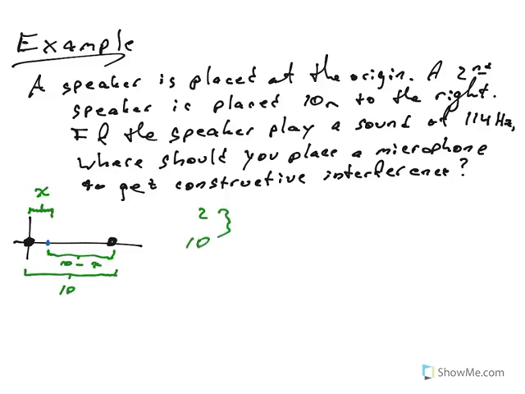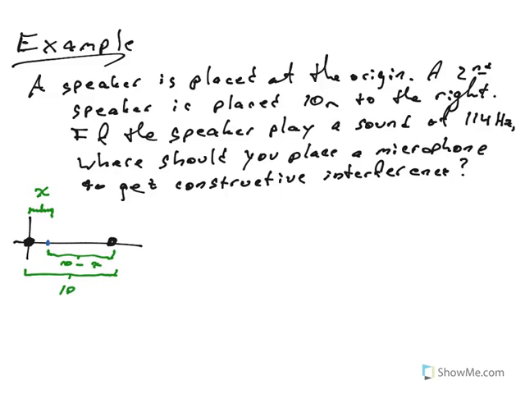It's at 2, so it needs to go another 8 meters. So 10 minus this 2 is 8. That's where this equation comes from. And we've seen this in Physics 1 as well, with certain example problems. You know the distance relative to one speaker, and then you take the other distance relative to that distance. And so that's 10 minus x.